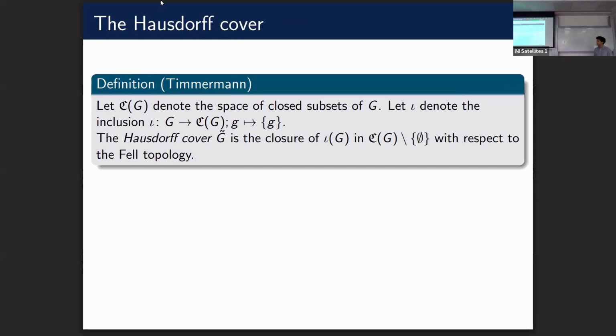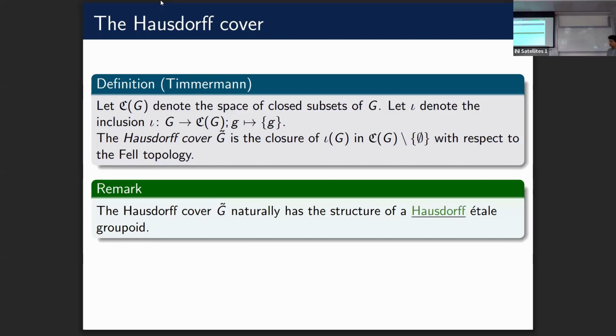The Hausdorff cover is then the closure of this with respect to the Fell topology. I won't define the Fell topology, but we really can understand these closed subsets. This isn't some very abstract thing. We can picture what this Hausdorff cover looks like. And naturally, you can give this Hausdorff cover the structure of a Hausdorff étale groupoid.